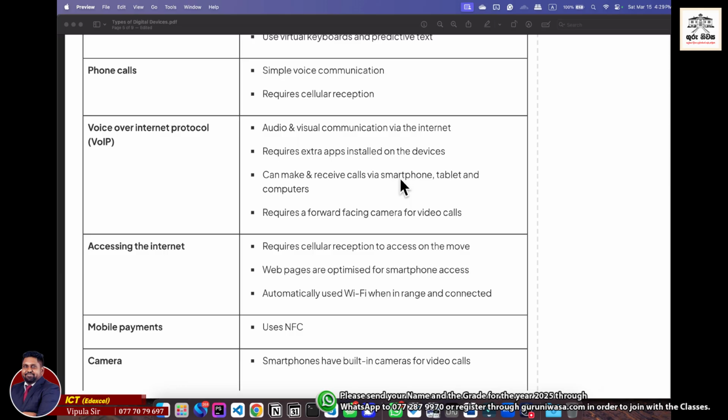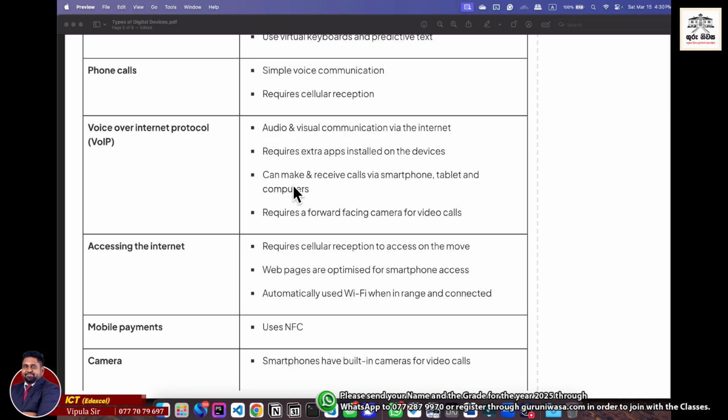This of course requires extra applications, such as some sort of communication app, as you know, we have WhatsApp and all these different applications, and that application must be installed on the device. That is how two devices can communicate with each other.